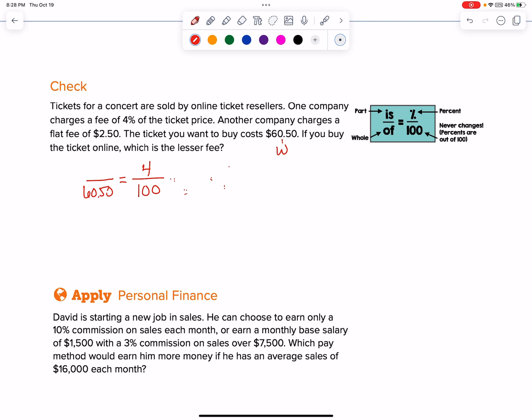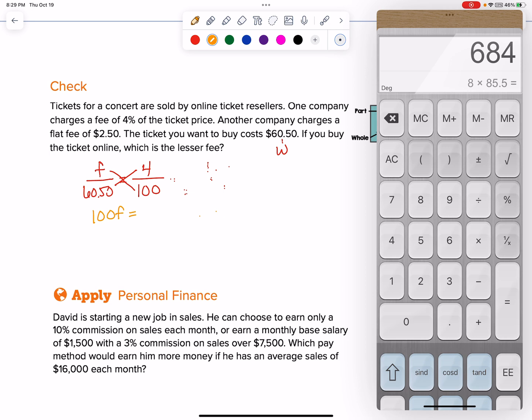So let's find out what that 4% fee would be, and if it's a better deal than paying $2.50. Let's cross multiply. What's this equation? 100F equals 60.50 times 4, which is $242.